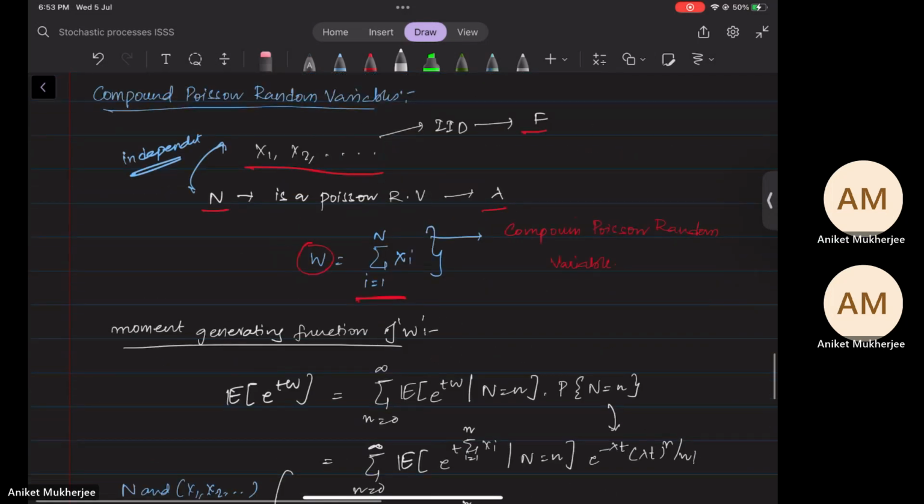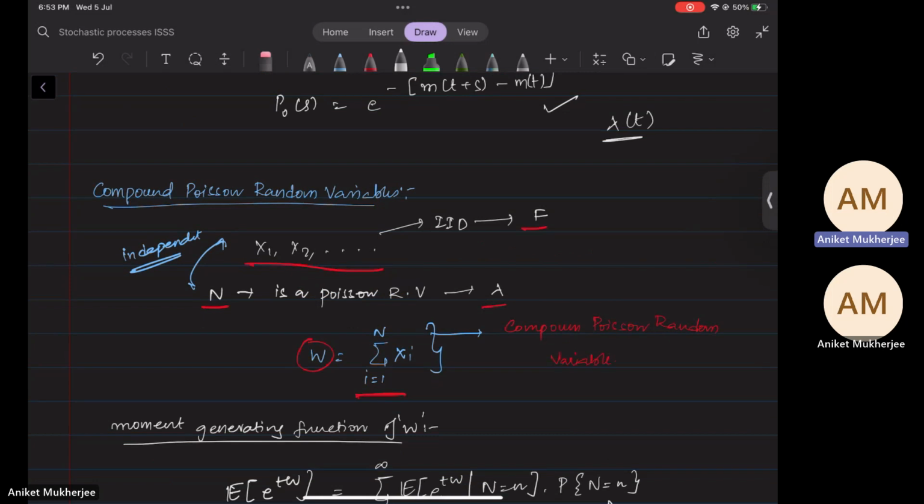So the compound Poisson random variable W: how do you generate W? You have a sequence of IID random variables whose distribution you know, and you have a Poisson random variable whose distribution you also know.